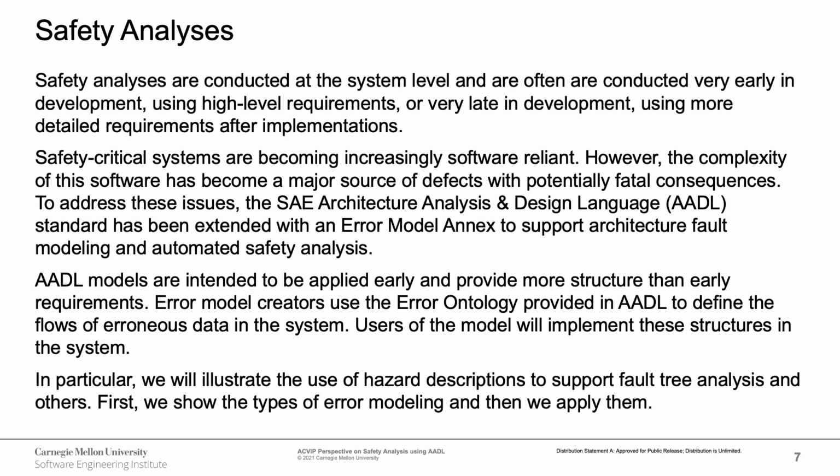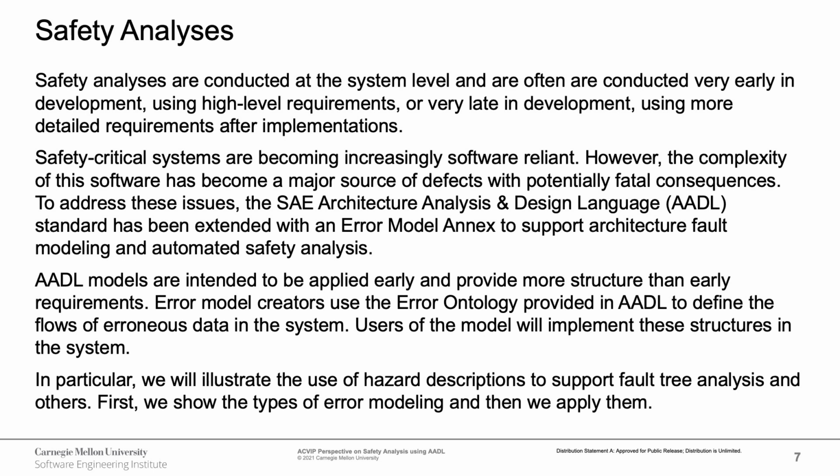The ACVIP methodology guides us to go through multiple cycles of analysis and changes in the model. The advantage of modeling the system early is in getting a more structured representation of the desired outcome compared to early requirements. If AADL models are used, safety analysis can be easily rerun. However, modeling in SysML requires additional steps to change the analysis every time the model is altered to adjust for the new model structure.